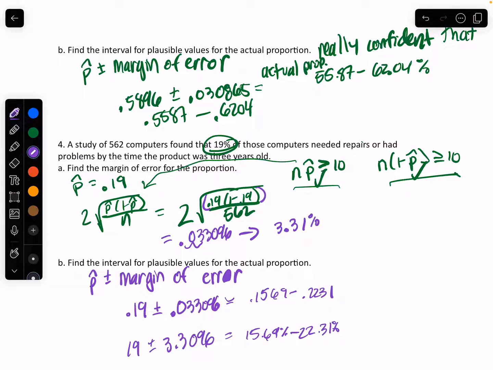It's not a ton of variance, so that's not super worrisome. If I had something like, say we wanted to figure out the approval rating of the president, and we got that the approval rating was 45% plus or minus 20%, right? So that is going to give me 25% and 65%.